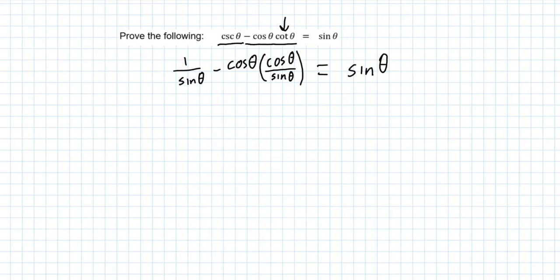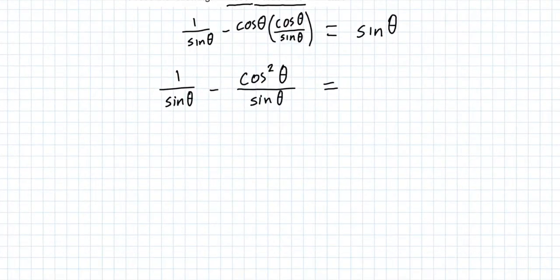Okay. The next step, we can just carry out the multiplication. So we have 1 over sine theta minus cosine squared theta, because cosine multiplied by cosine will give us cosine squared theta, and that's over sine theta. Our right side we're not going to touch right now.